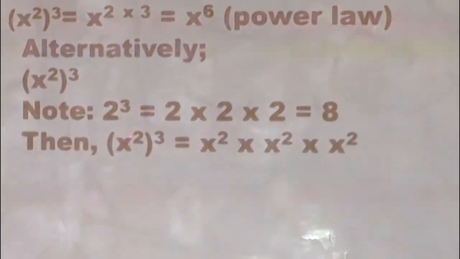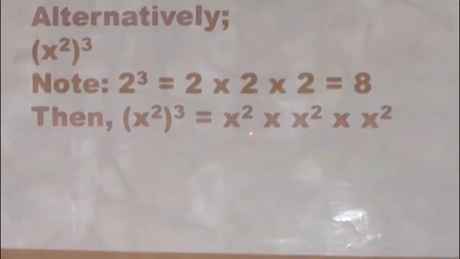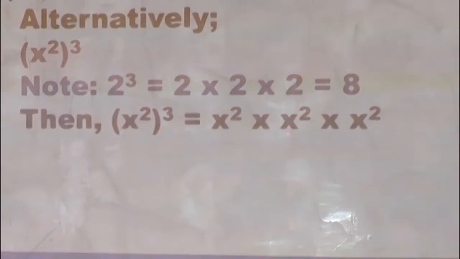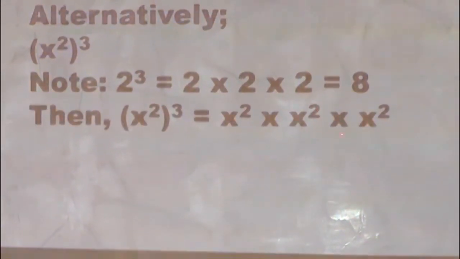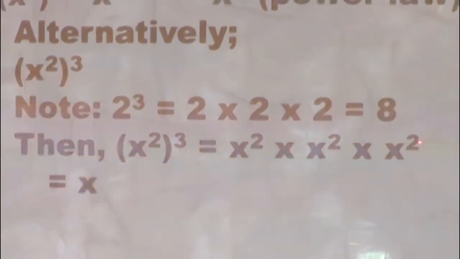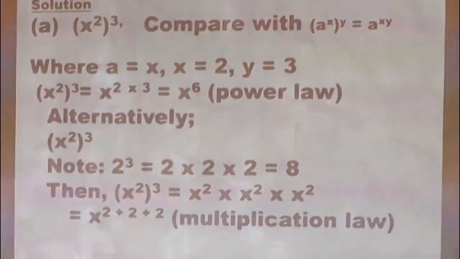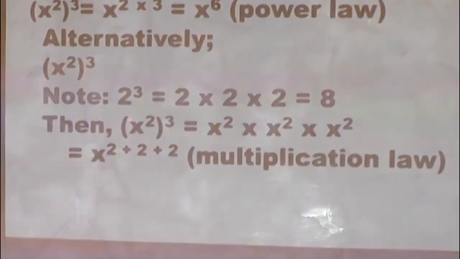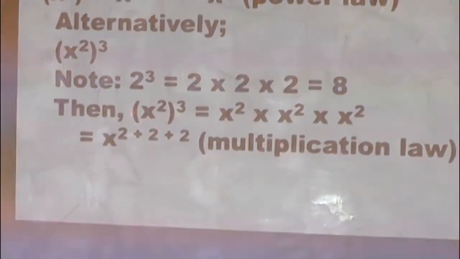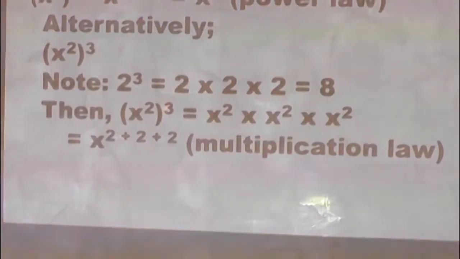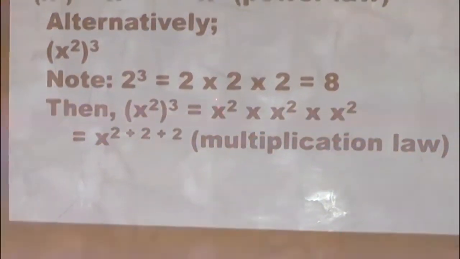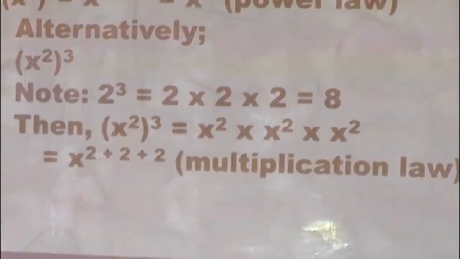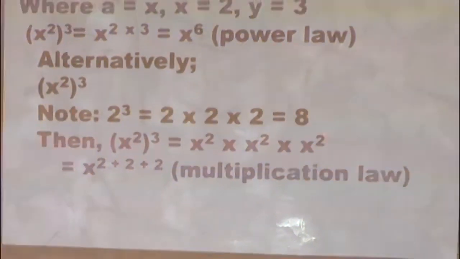So you express this in 3 places as x raised to the power of 2 times x raised to the power of 2 times x raised to the power of 2. The result of this x raised to the power of 2, close bracket, all raised to the power of 3, is x raised to the power of 2 times x raised to the power of 2 times x raised to the power of 2.